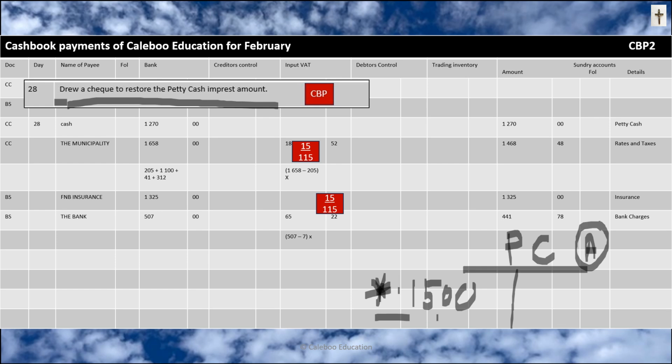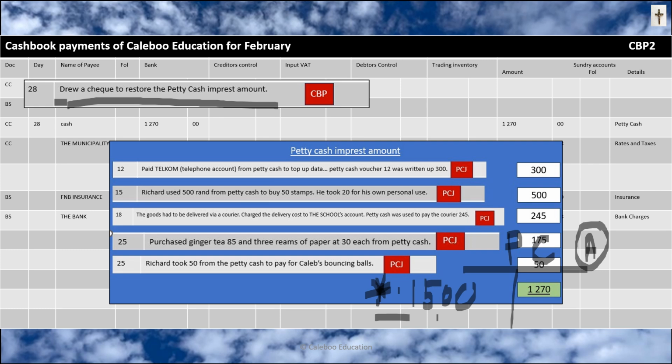Now if you were drawing up the petty cash journal at the same time, we would know, but we don't have that information. So now we need to go and find all the transactions on the 12th, on the 15th, on the 18th, on the 25th, on the 25th again, all the transactions that relate to petty cash.